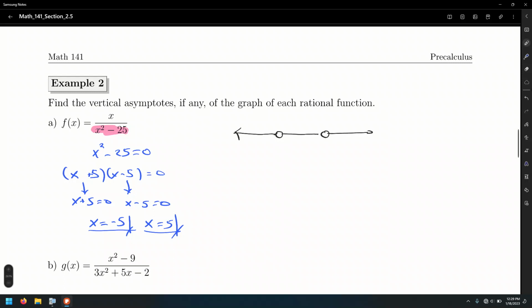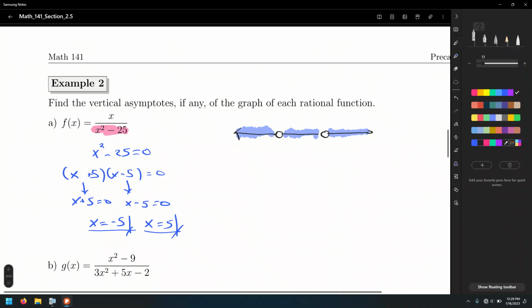And in this case, we usually shade the number line for all values except where we have these little holes right here, that is at negative 5 and 5.